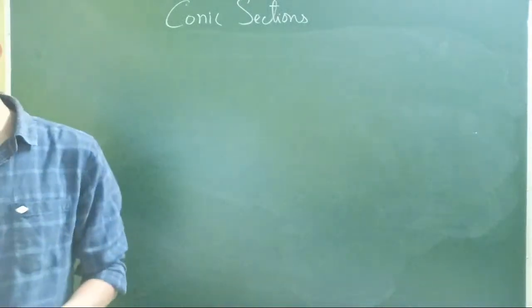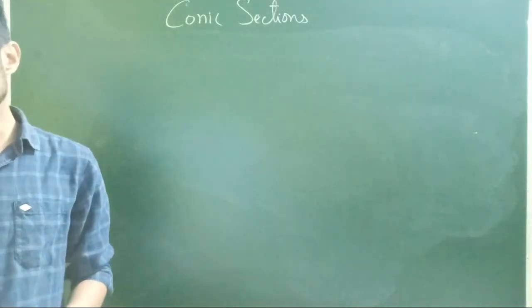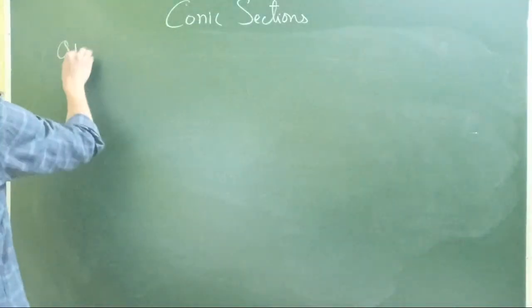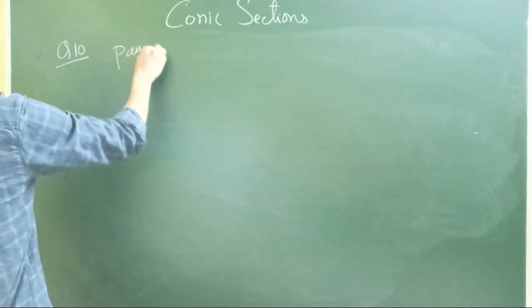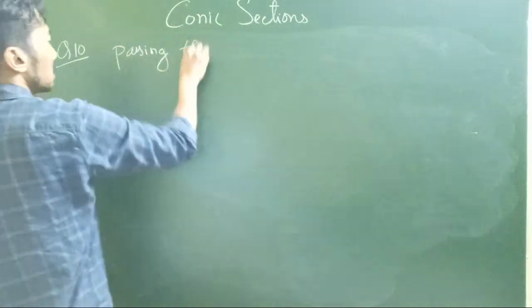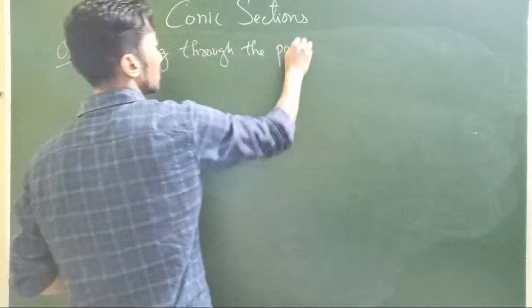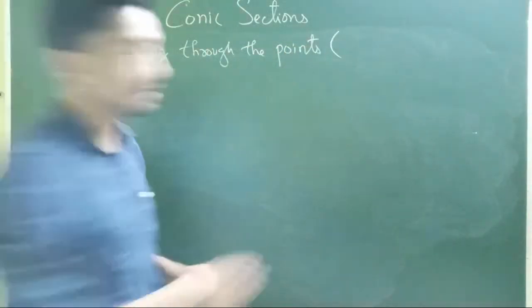Find the equation of the circle passing through the points (4, 1) and (6, 5). So question number 10, I'll just write in short for my reference since you have the textbook. Passing through the points (4, 1) and (6, 5).